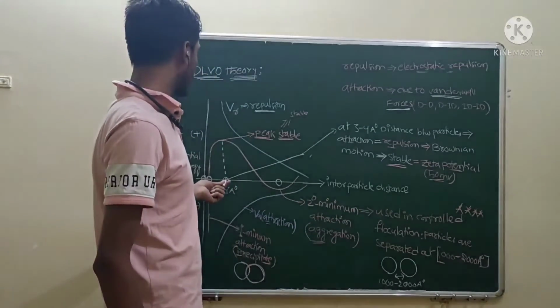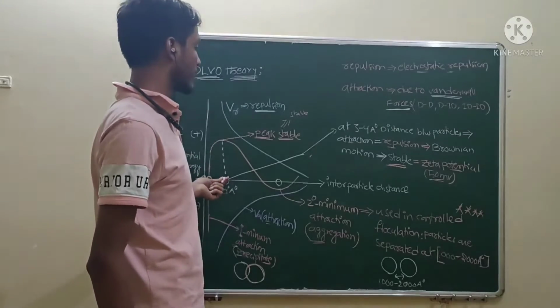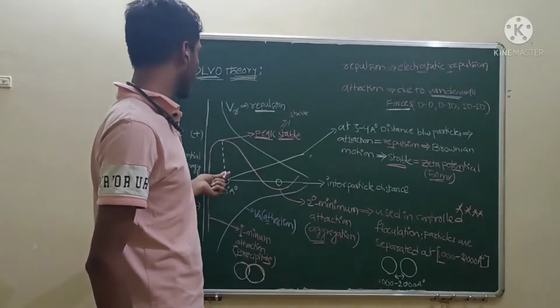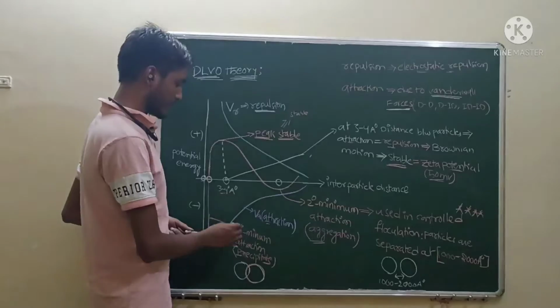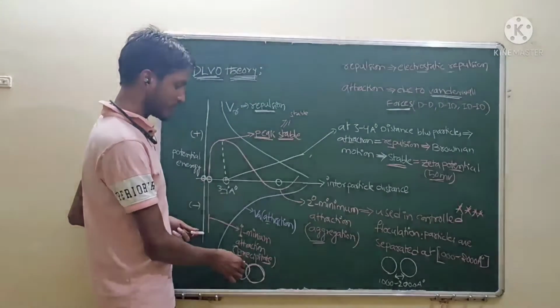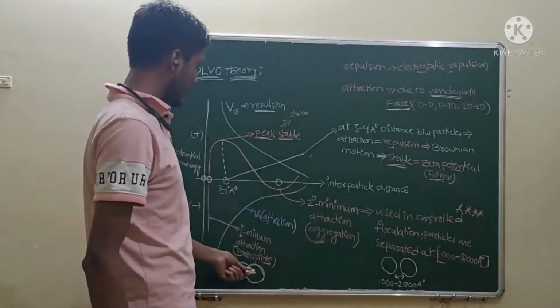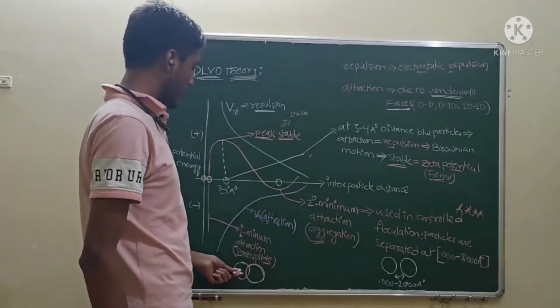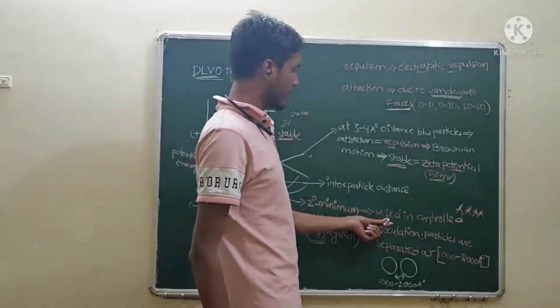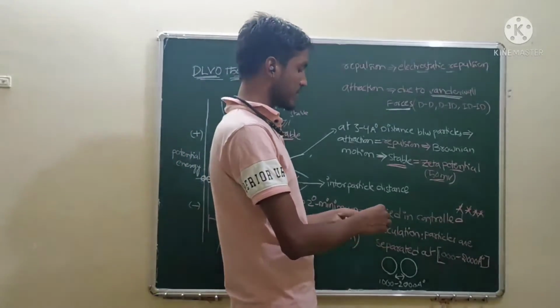So here, the more stable emulsion is due to Brownian motion, and the zeta potential is also 30 millivolt. Here at the primary minimum, attraction leads to precipitation. This is not at all redispersible, and not at all beneficial to our colloidal dispersion. The secondary minimum may be beneficial because there is flocculation.